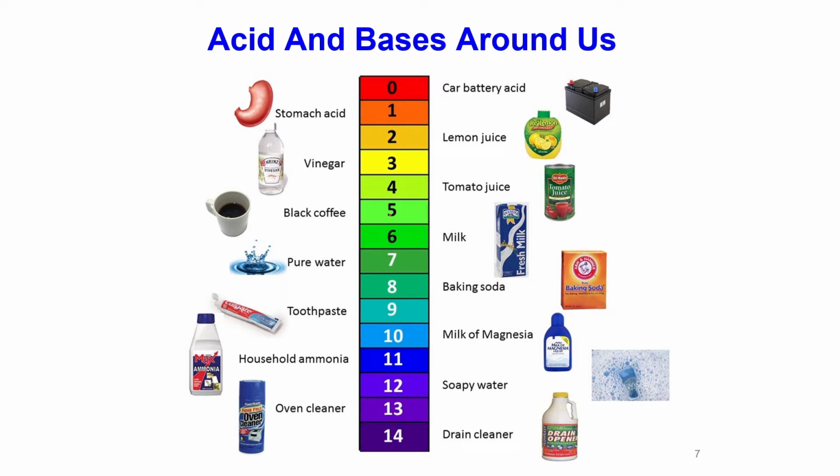Then black coffee, slightly acidic, pH 5. Then milk, which is actually slightly acidic. Pure water has pH 7. Then we have baking soda, toothpaste, milk of magnesia, household ammonia, soapy water, and then oven cleaner and drain cleaner. The drain cleaner is the most basic substance.